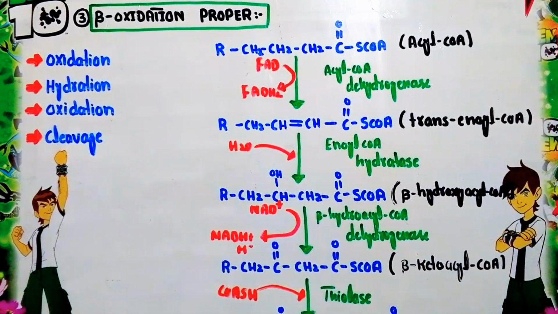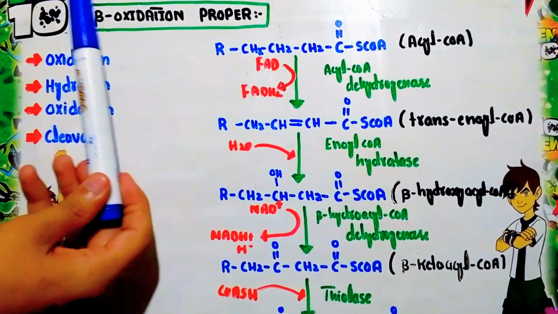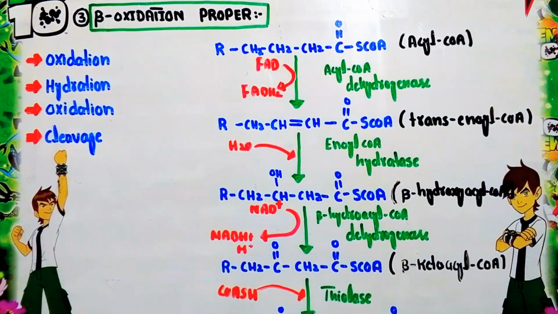Now the third stage in the beta oxidation of fatty acid is the beta oxidation proper process. This beta oxidation mainly occurs in the mitochondrial matrix. The enzymes responsible for the beta oxidation of fatty acid are called the fatty acid oxidase system.